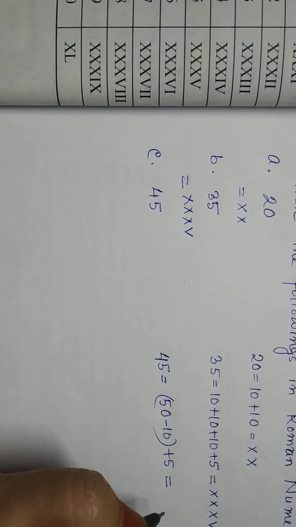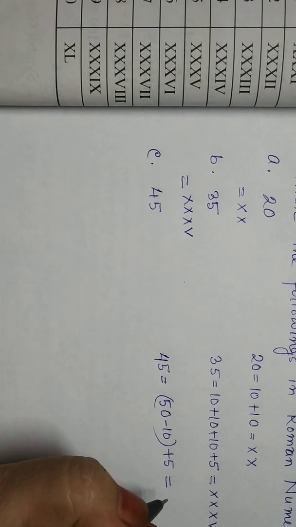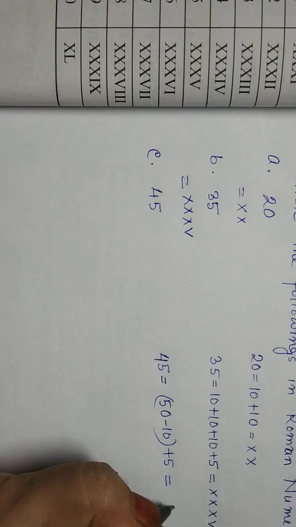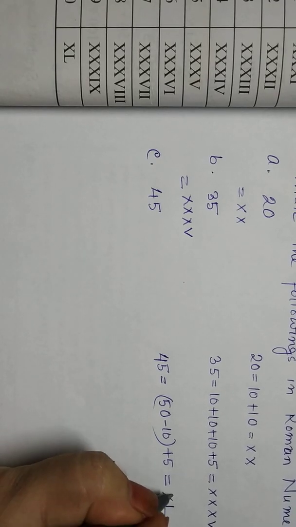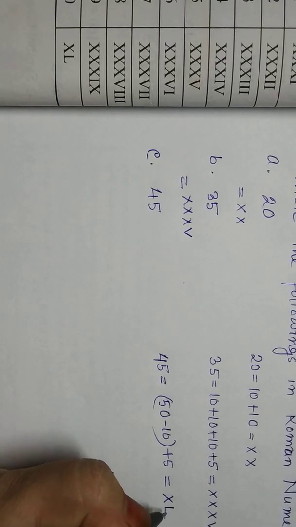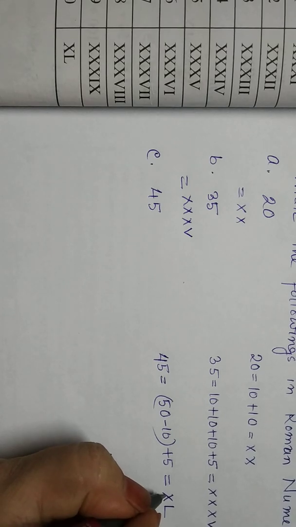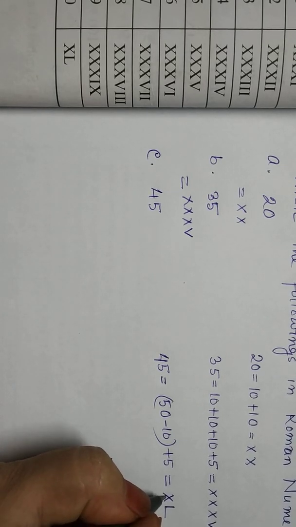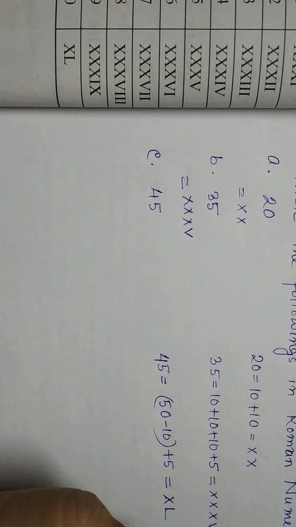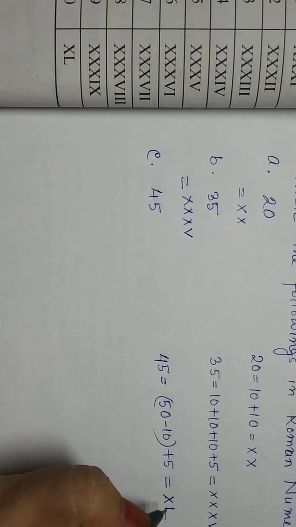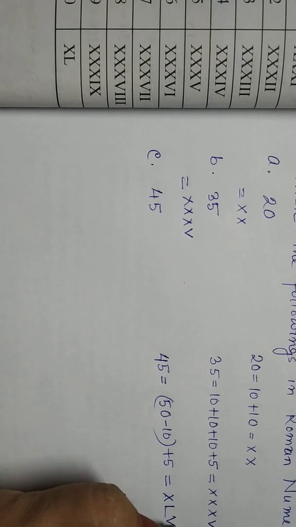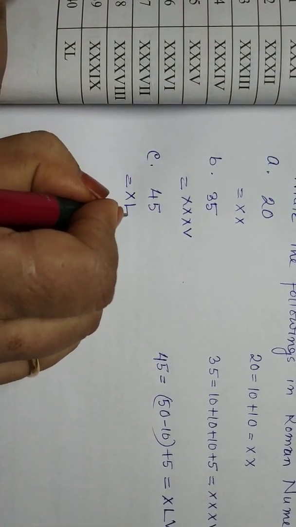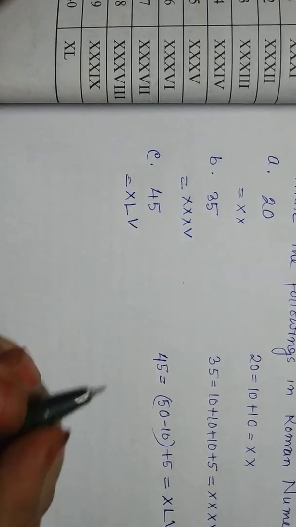Now 50 means L. Therefore before L if we put X, it is 50 minus 10. If we write a symbol on the left side of the greater value, then the value will be subtracted. Therefore XL plus V. Therefore 45 we can write XLV.